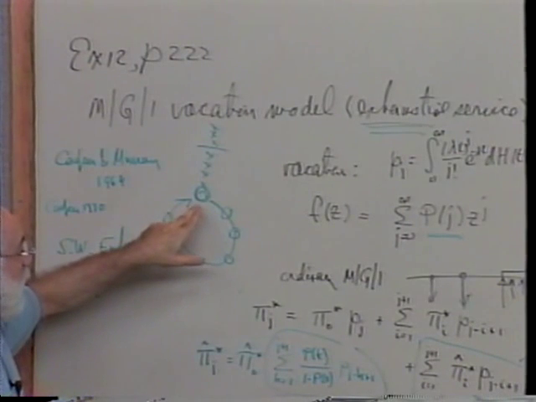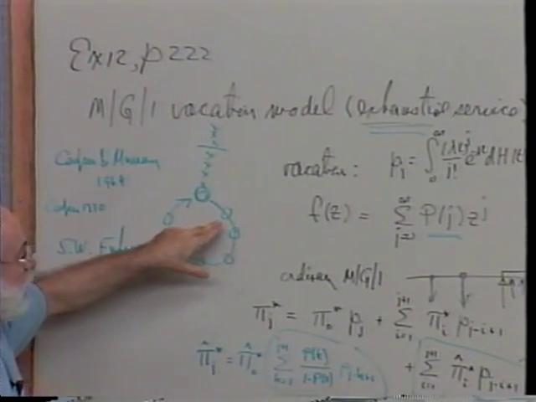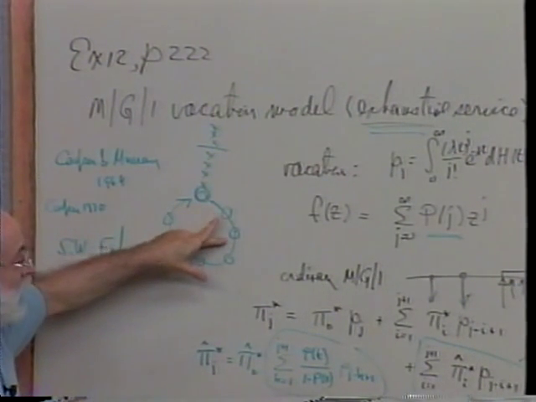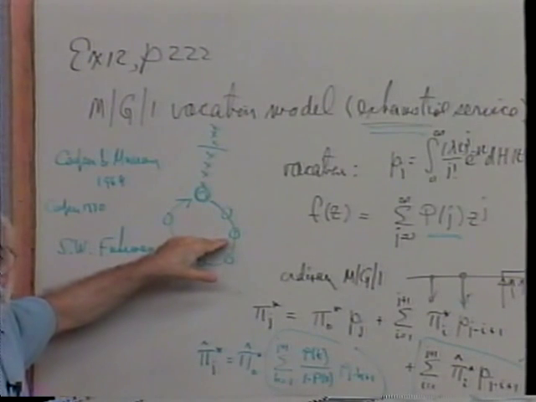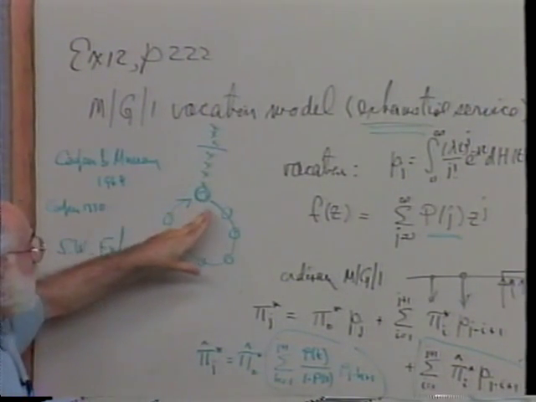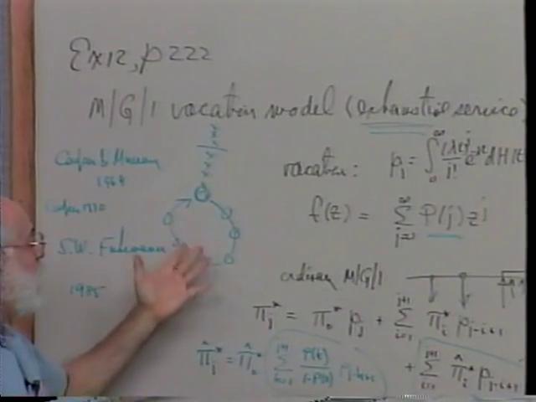At that time, that station captures the transmission channel. When it's finished, it releases the token, and the next station has access to the transmission channel, and so forth. So for local area networks, this gave a way of computing the average waiting time.